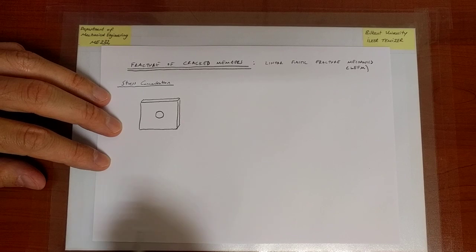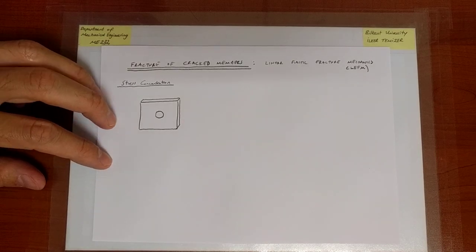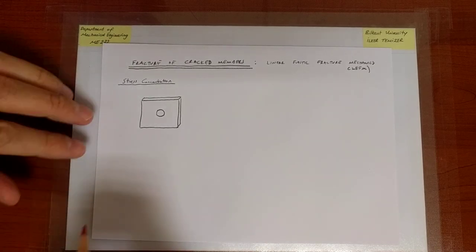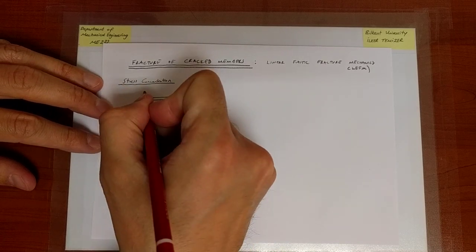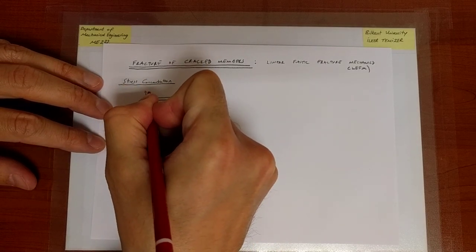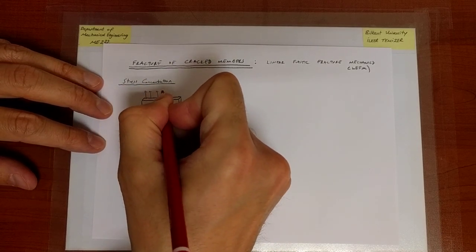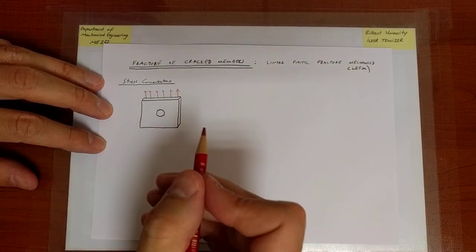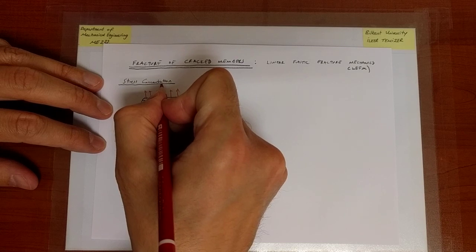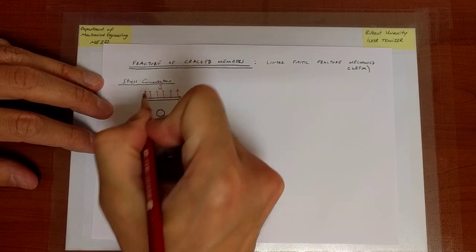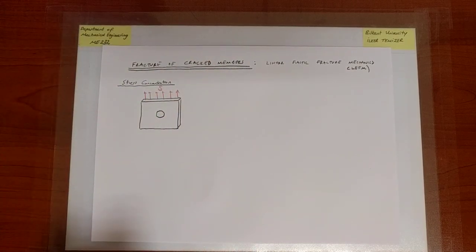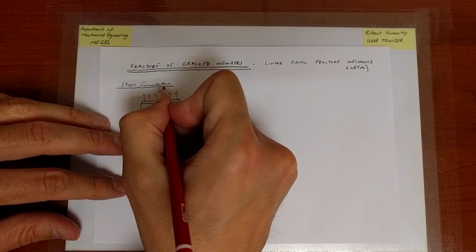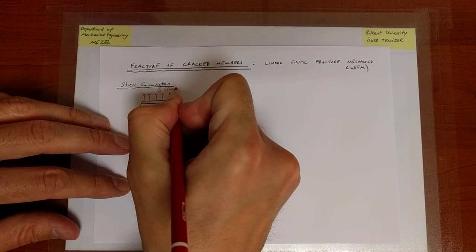Okay. Now, the plate eventually is going to be subjected to some tensile loading, and the net load might be P, but load over area is going to be called, let's call it S.